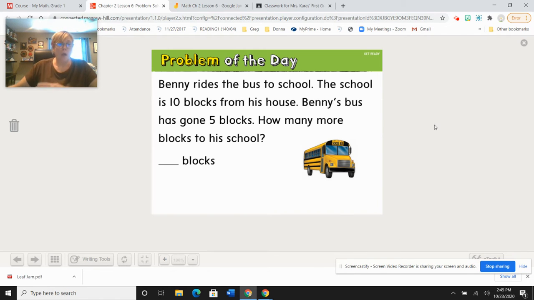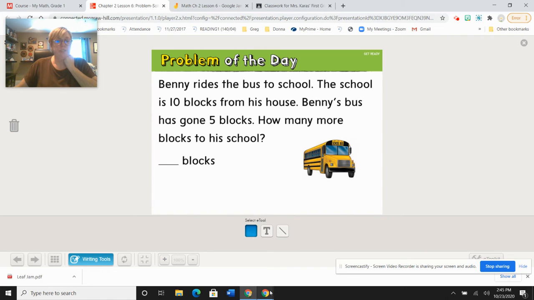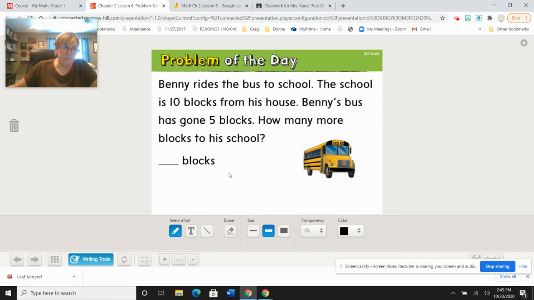Well, I don't have counters with me today, so I'm going to draw. Because I just want to solve it, I'm not going to worry about doing a fancy picture. As I've said to you before, one of my favorite things for drawing counters is just a circle, or if you want, a square or a triangle, something a little different. Today I'll do a square just to be different.